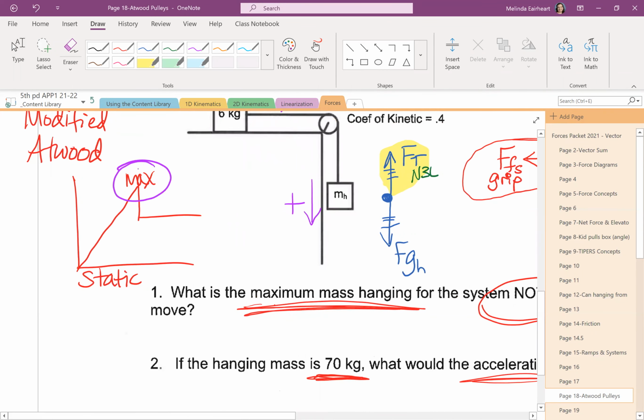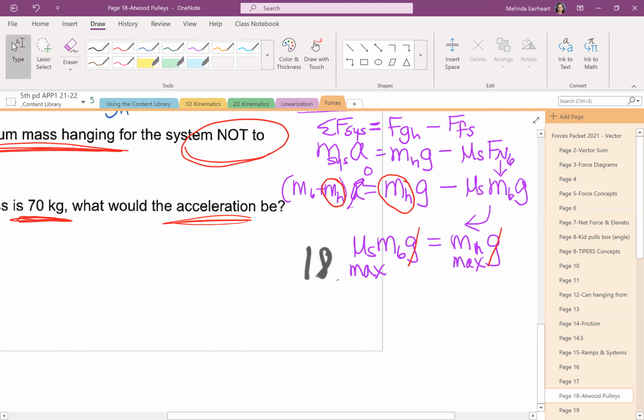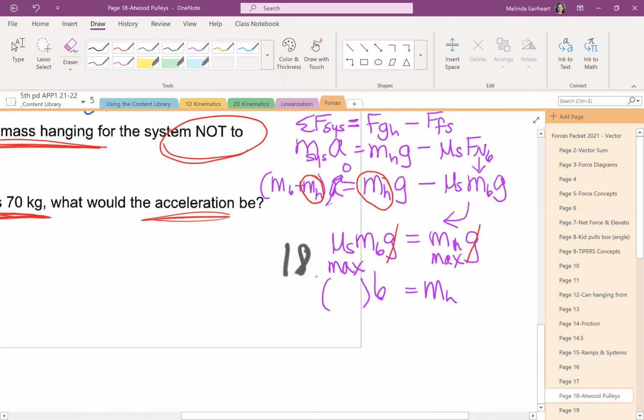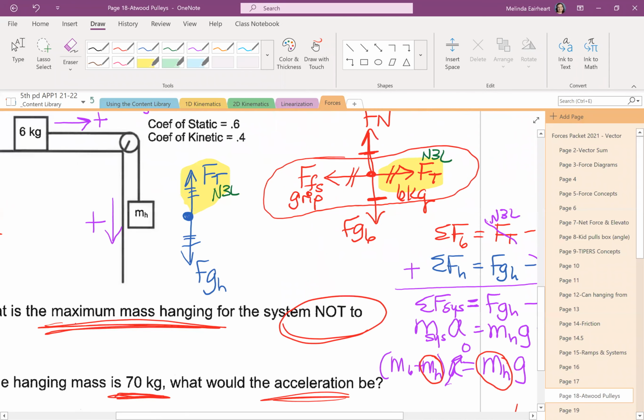So we are solving for that maximum static friction, and we're finding the maximum hanging mass that we can still have equilibrium. Okay. Well, we know the 6 kilogram, and then the coefficient of static friction, they said was 0.6.